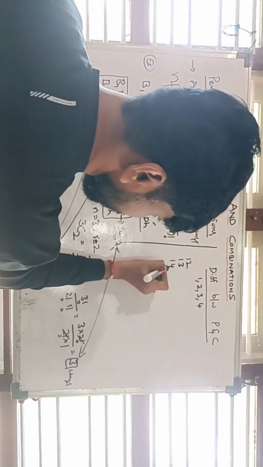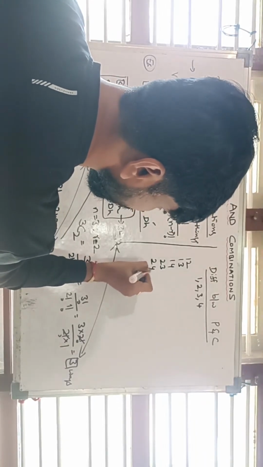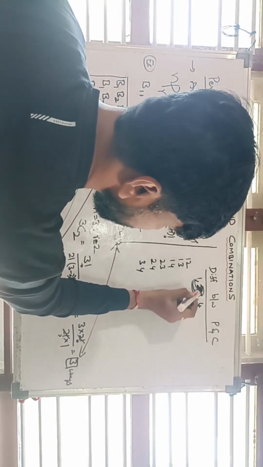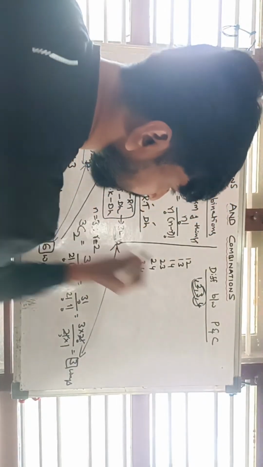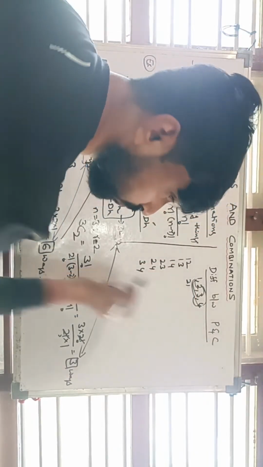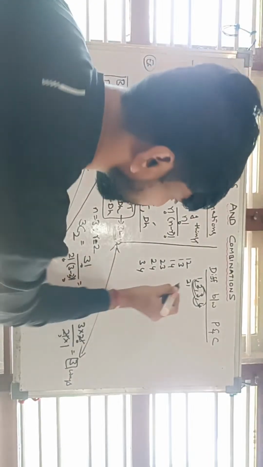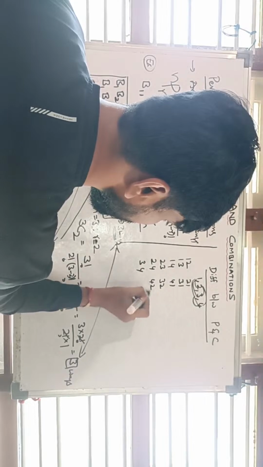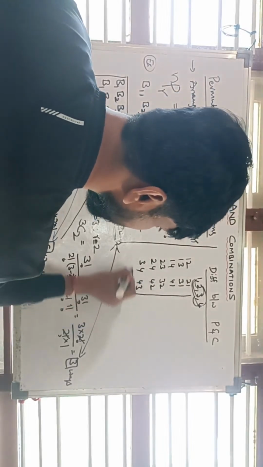So 1 2, 1 3, 1 4, 2 3, 2 4, 3 4. Then you can write the reverse also: 2 1, 3 1, 4 1, 3 2, 4 2, 4 3. 12 is different from 21.